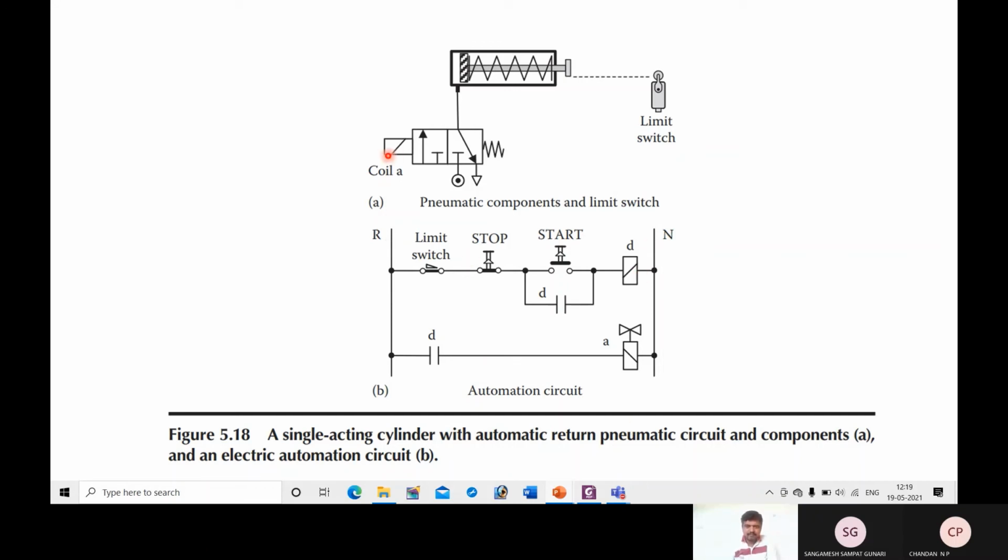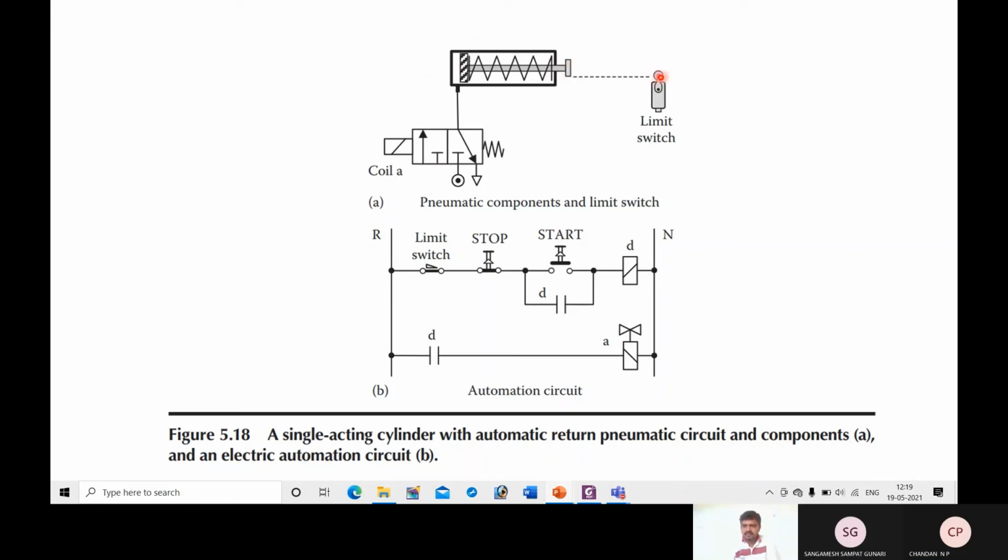In this example, when the solenoid coil is energized, this position will get activated. Because of that, air will be supplied from this port. There will be an extension stroke. When there is an extension stroke, this will touch the limit switch.